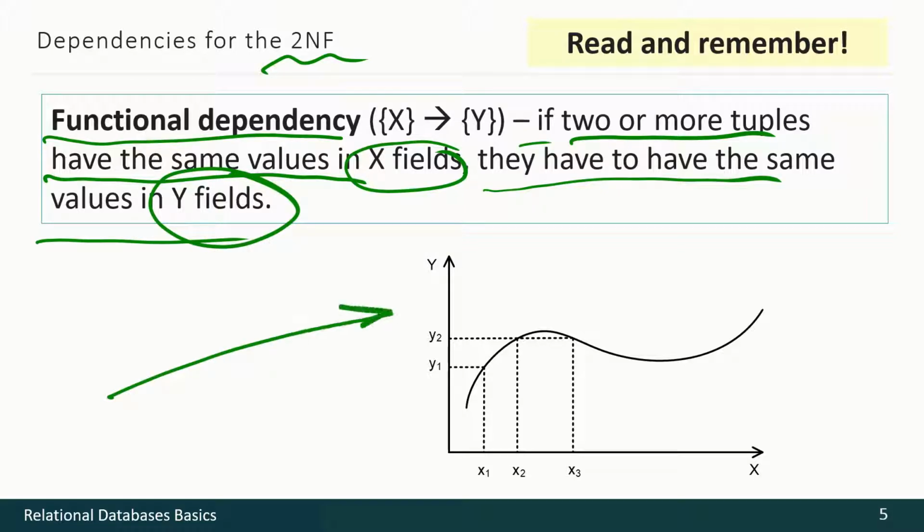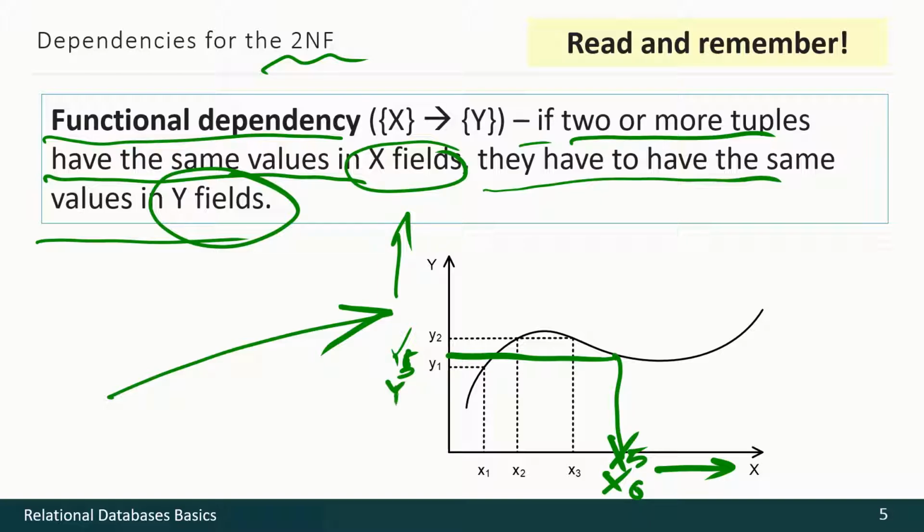This is how it may look like from the elementary mathematics course or something like that. We have x-axis, y-axis, and we see if, for instance, there is some x5 and x6 and they are equal, we may see y5 and y6, those are equal too.